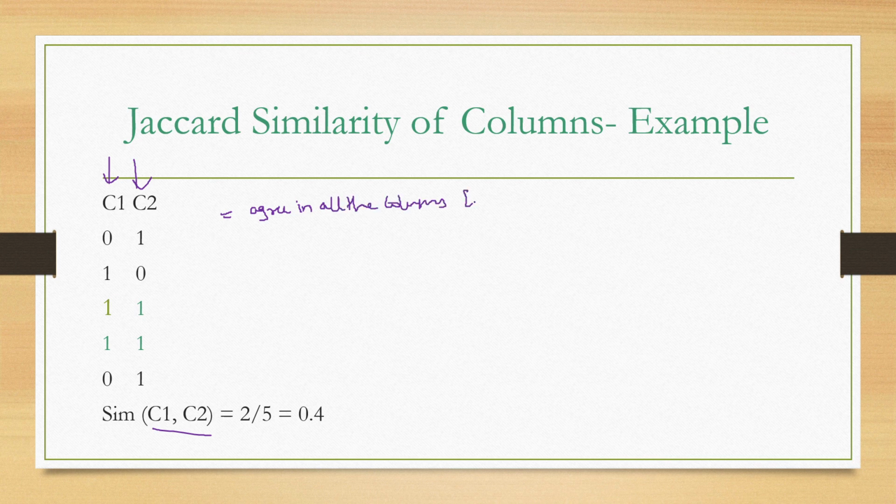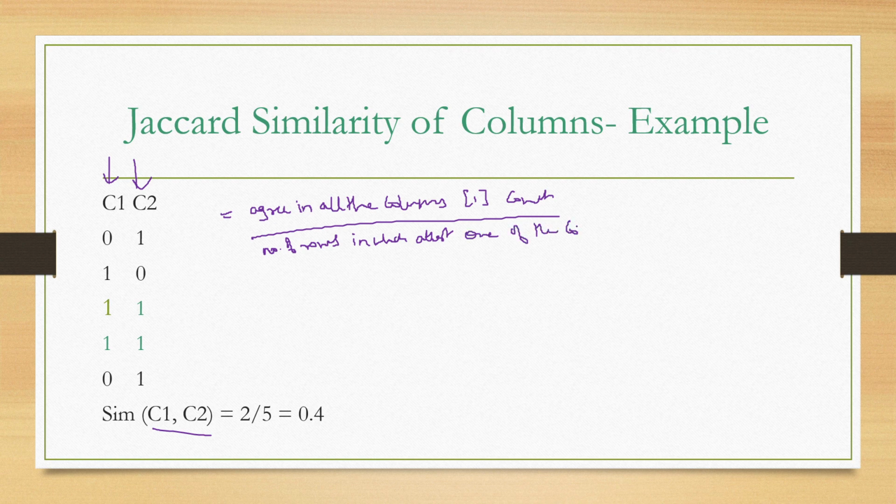So only if you have 1 in all the columns, you have to count them. And the denominator is the union, and in that case you have to consider the number of rows in which at least one of the columns contains 1.